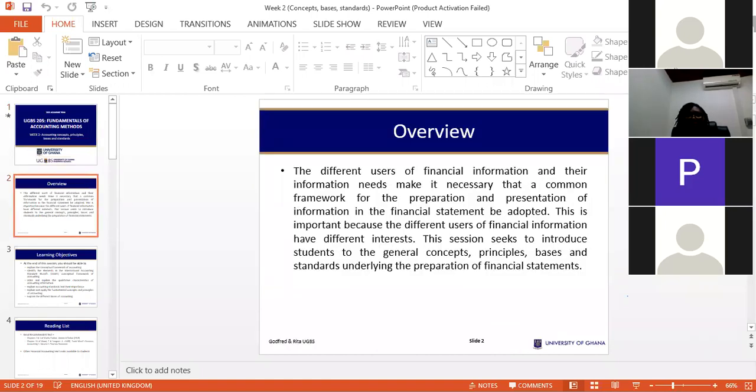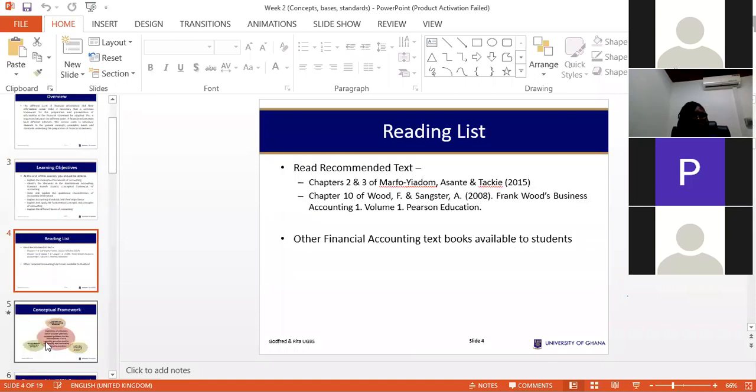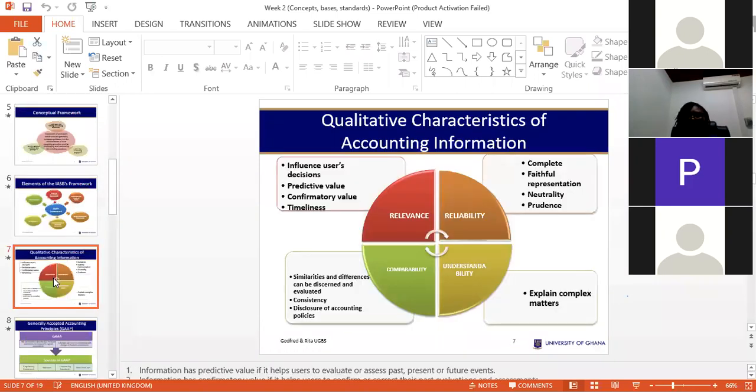Yes, please. Okay. So that is faithful representation and prudence. Now, the next one I'll talk about is comparability. Comparability suggests that all the information contained in the report, we should be able to compare over time.